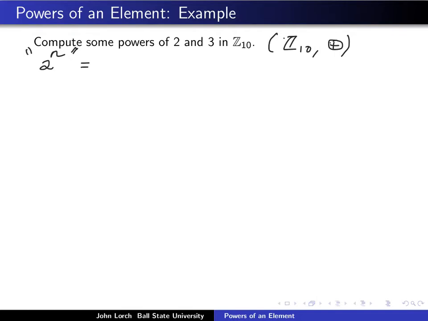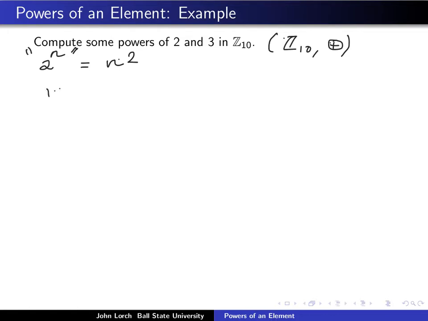And ordinarily, when we apply addition over and over again, we write that as a multiple. So we would essentially be taking n times 2 in this group, where n times 2 means we're taking 2 circle plus 2, circle plus 2, again and again with n occurrences of 2.